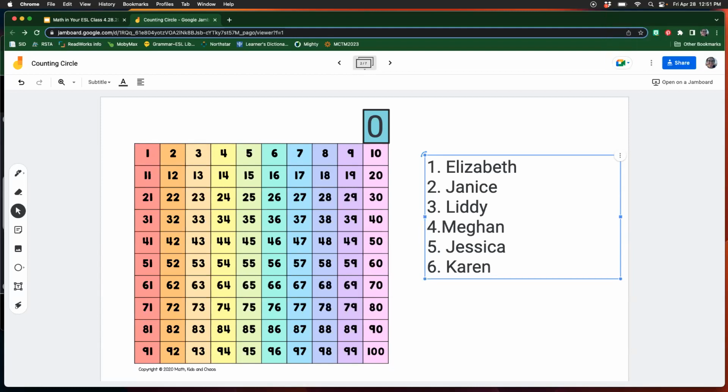5, 10, 15, 20, 25, 30, 35, 40, 45, 50, 55, 60, 65, 70, 75.